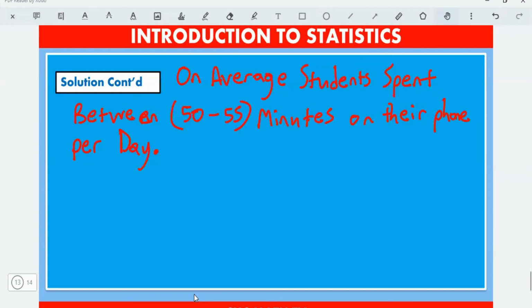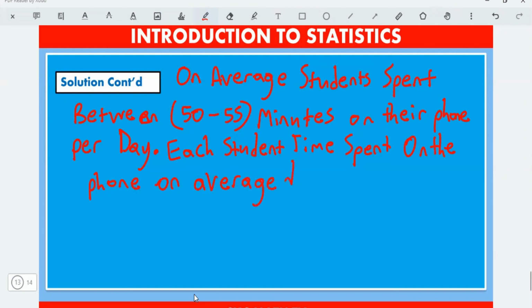So in this case, we can now say that each student's time spent on the phone on average deviated from the mean by 8.59 minutes. And that would be that. On average, deviate from the mean by 8.59 minutes. And that would be that right there.